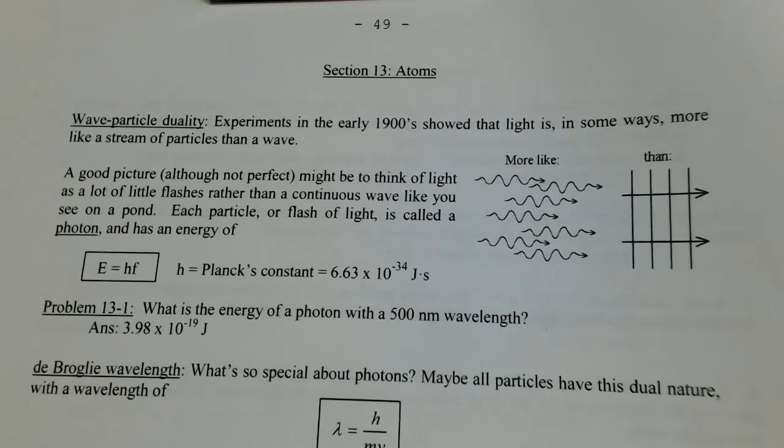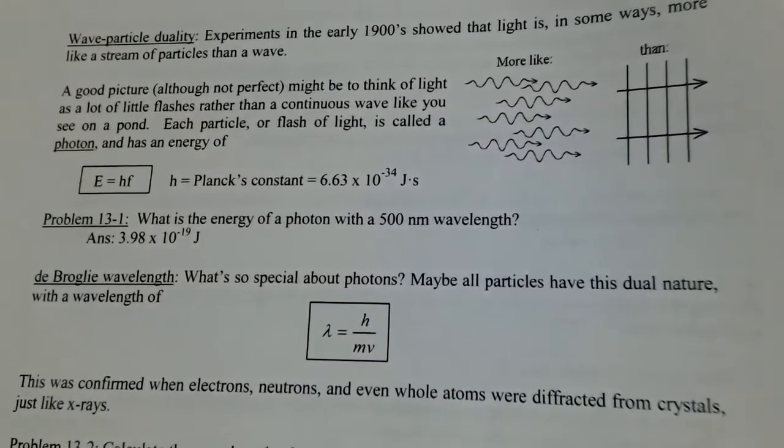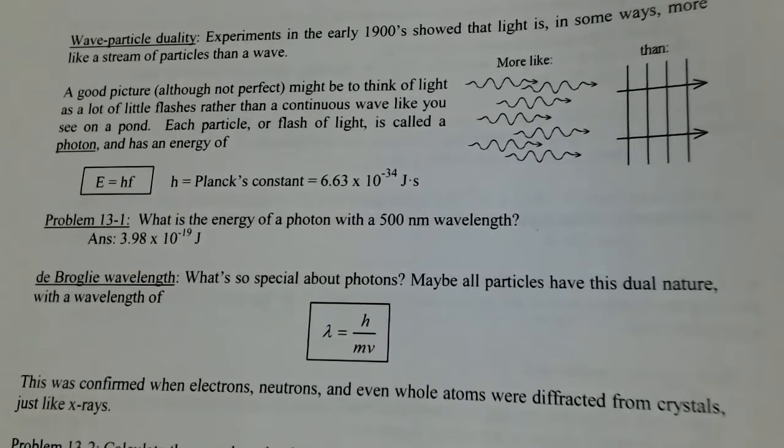Point is that he says, what's so special about photons? If they have this dual nature, where in some situations you have to think of them as particles, and in other situations you have to think of them as waves, maybe that's true in general. Maybe it's not just photons.